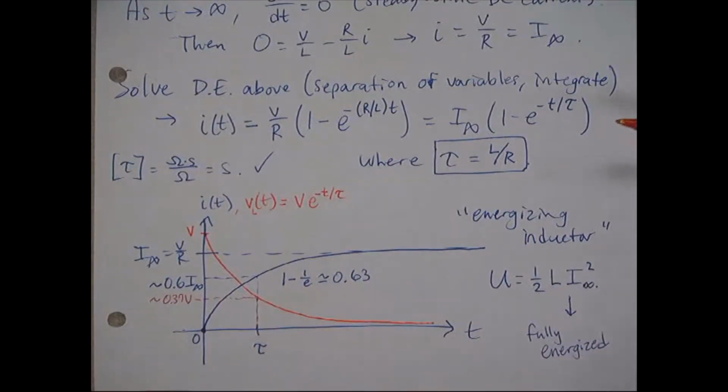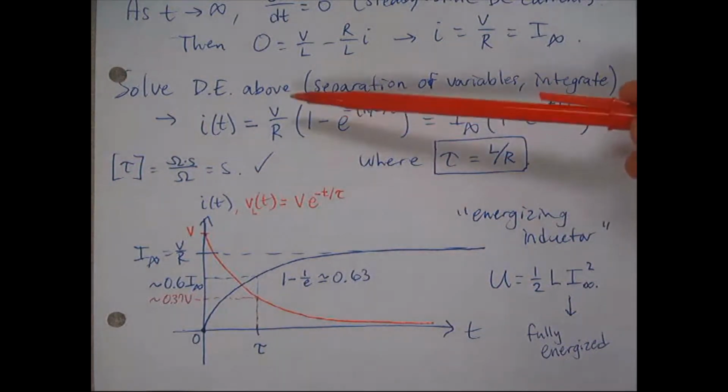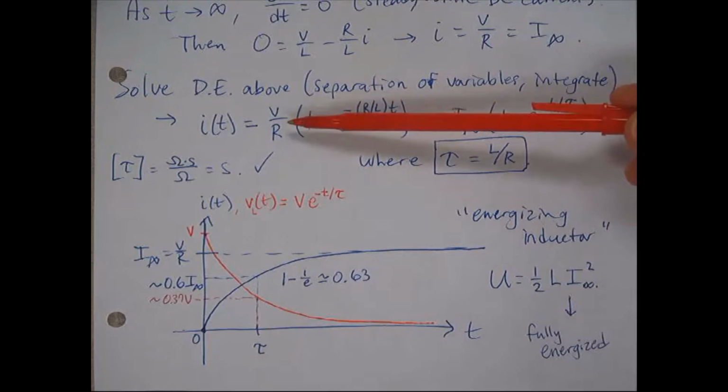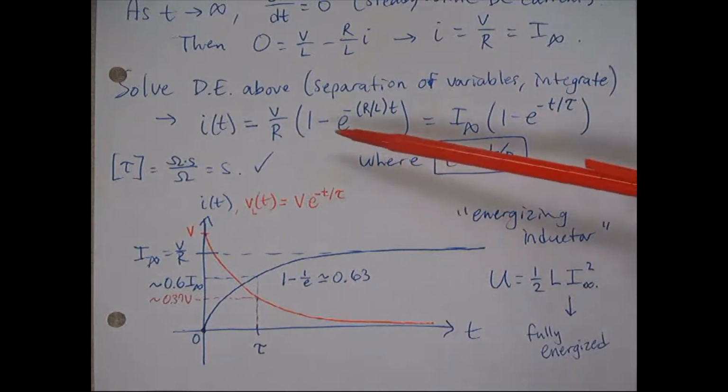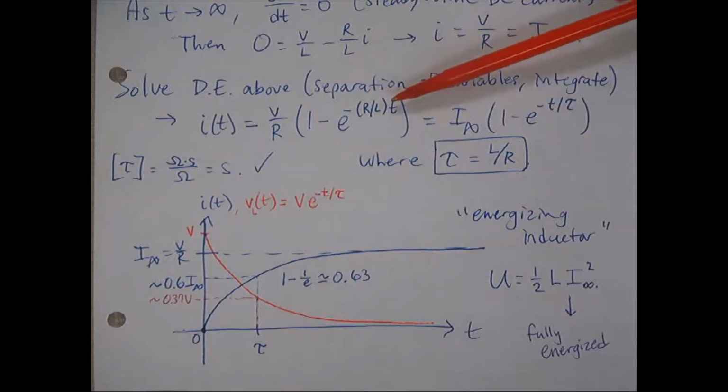Just like we did with the RC circuit, you can separate the differential equation and integrate both sides. We don't need to think about the details of this. We'll give you the current as a function of time: that steady state current, V over R, times 1 minus exponential decay, e to the minus R divided by L times t.